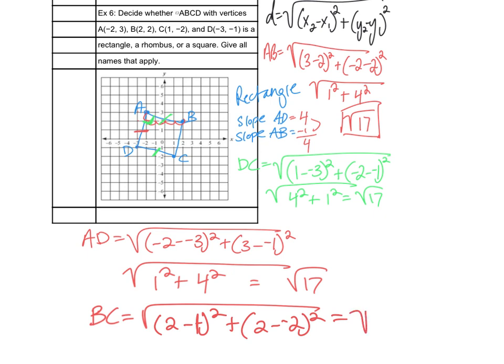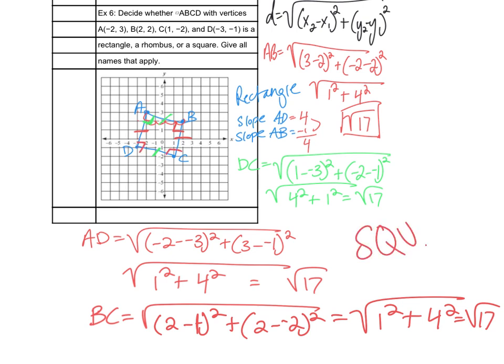It ends up being the square root of 1 squared plus 4 squared, which equals the square root of 17. So all the sides equal the square root of 17. I know that angle A is 90 degrees, which means that the supplementary angle would also be 90 degrees, which means all 4 of these angles are 90 degrees. So this is a square.